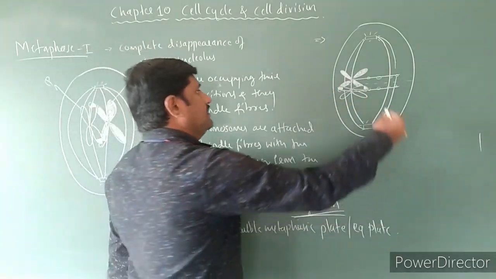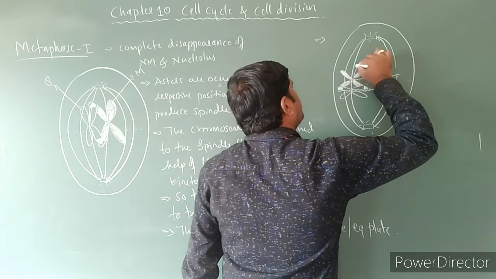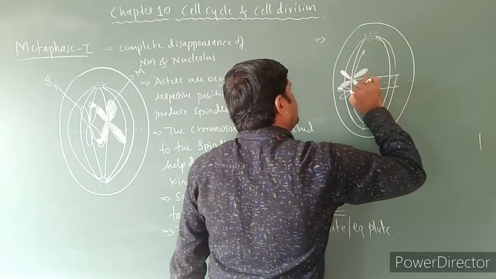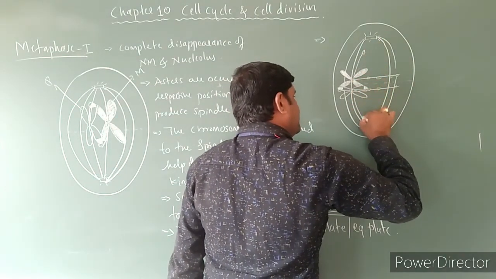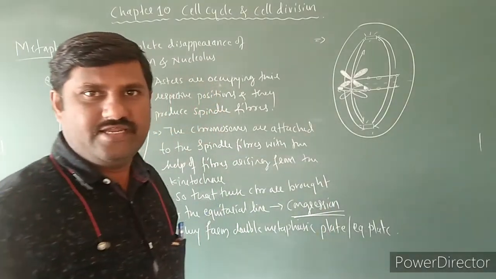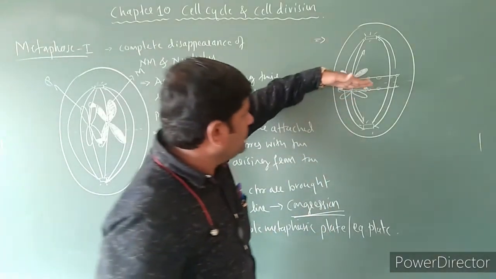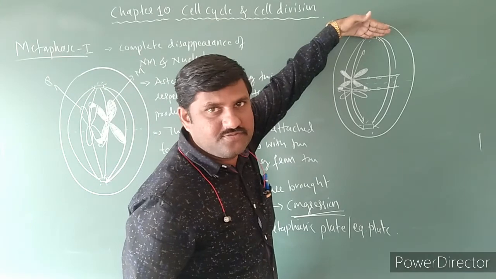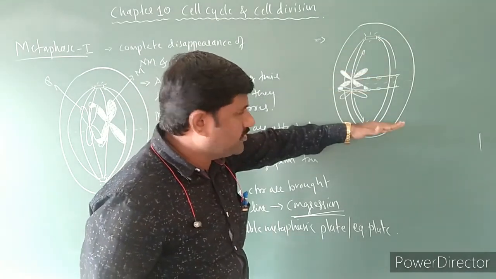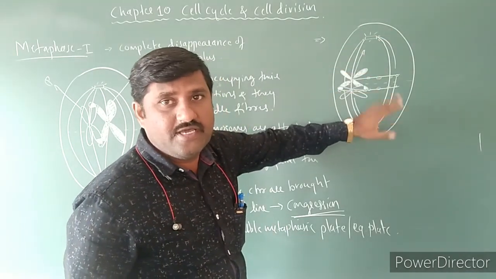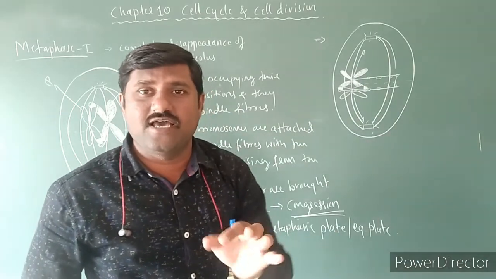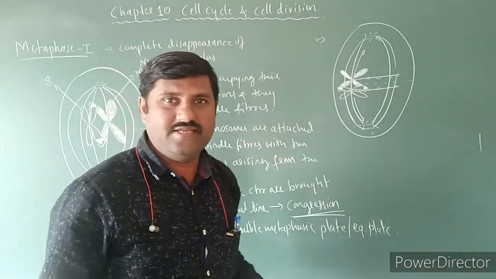After that, one set of chromosomes starts to move towards this pole and the other set starts to move towards this pole. And the next stage itself is anaphase 1.